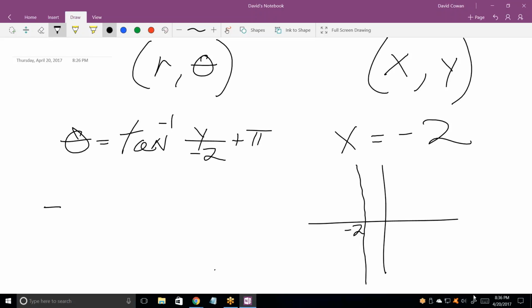So I've got minus 2 equals r cosine of theta. Do I know theta? If I'm measuring everything from the origin, I don't know theta. It depends on what y is.